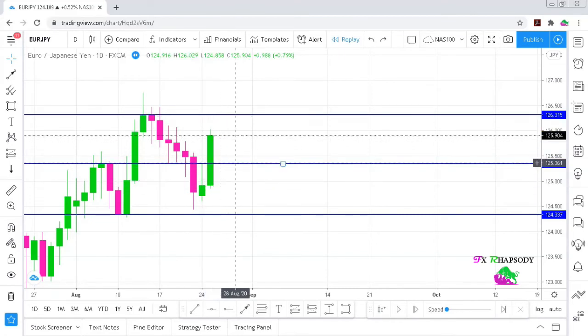So now another sell opportunity awaits us at the top here, where we will be waiting for the price to reach this area of resistance, where we will be putting a sell order in place.